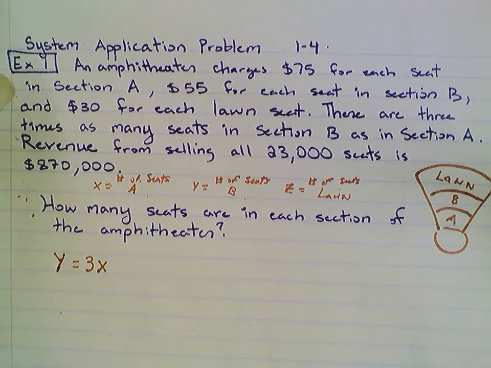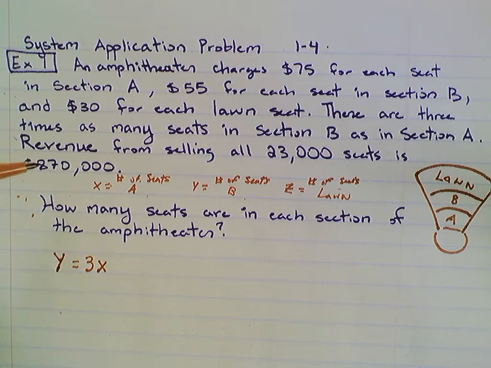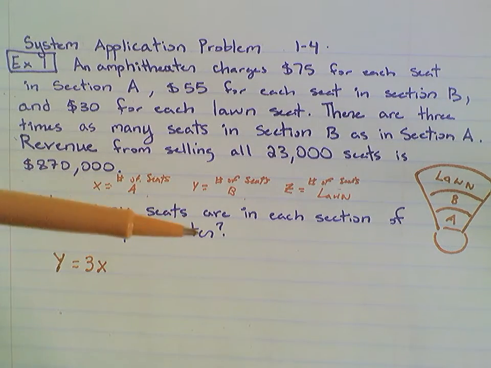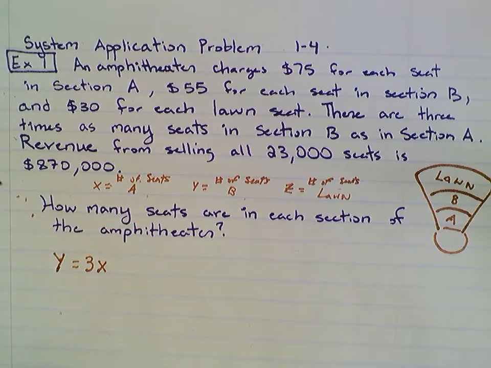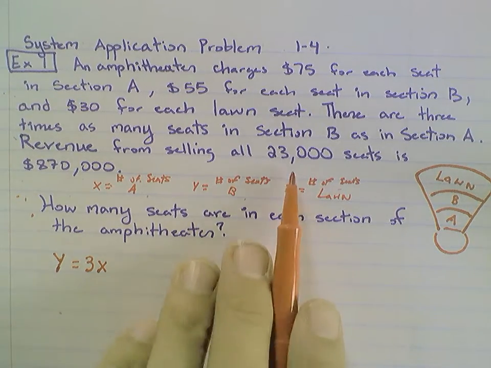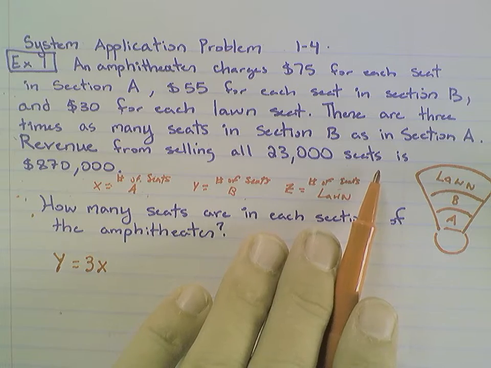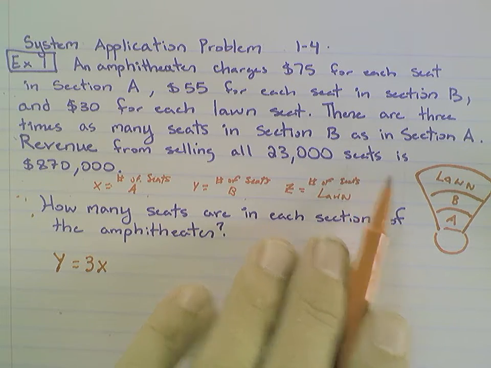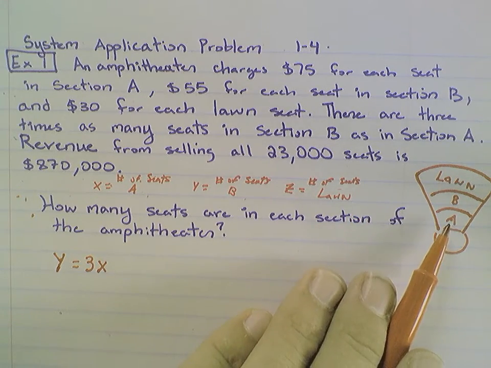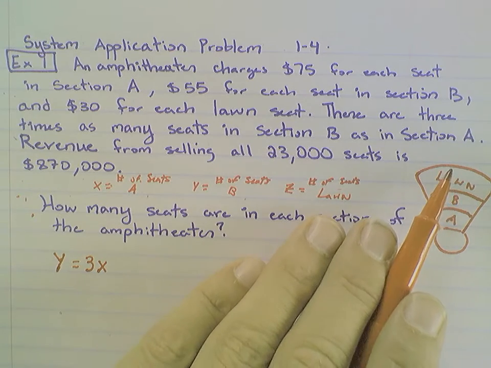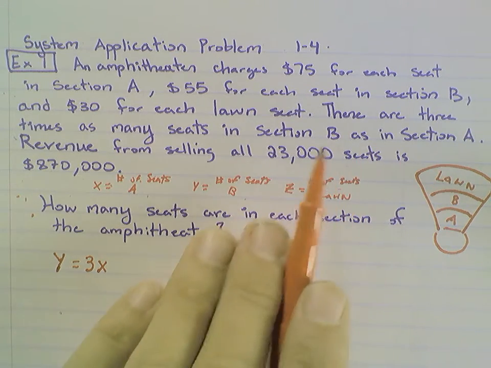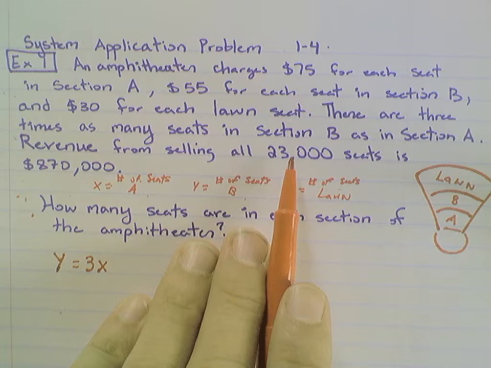Alright, then further on in the problem we see that the revenue from selling all 23,000 seats is $870,000. Notice that they're giving us a total, 23,000 seats. So we know that if I take all the seats from section A, section B, and the lawn, it has to equal 23,000 seats.